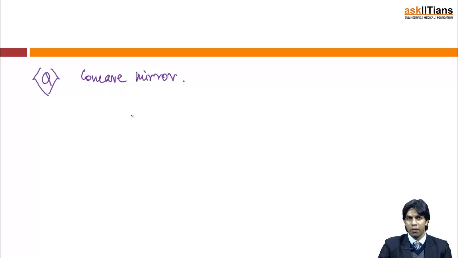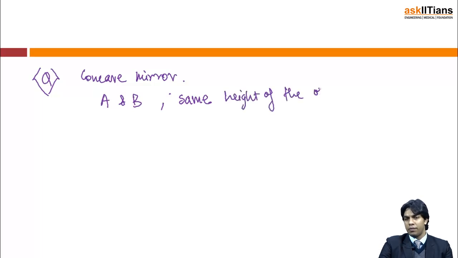The only information given to me is that for 2 points A and B, I have the same height of the object.